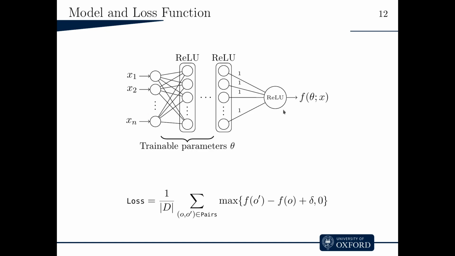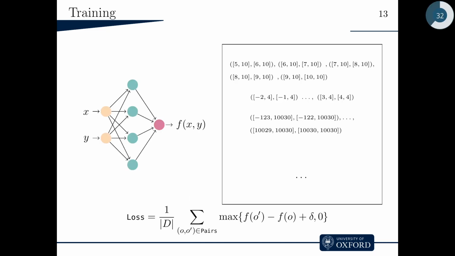The second one, the decreasingness of a ranking function, or in our case, the ranking model, is imposed by the loss function by using this margin ranking loss, where 2 consecutive states, so pairs here, O and O prime, need to decrease by a discrete amount delta. This works as follows.